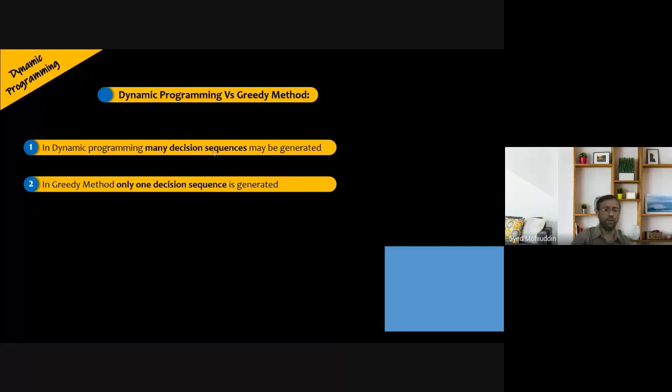But in dynamic programming, there may be many decisions or many sequences generated which will lead us to the optimal solution. So that is the difference, and these are the basics about the dynamic programming approach.